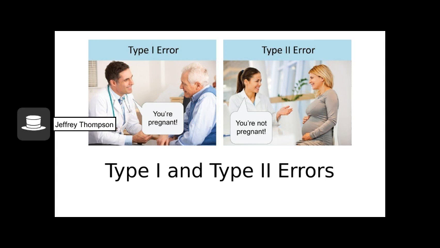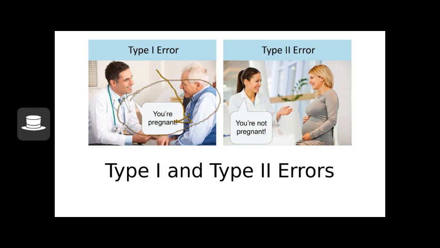So here's just a fun little illustration about type 1 and type 2 errors, right? I always hate when there's a clear, easy-to-understand visual cue, but then a professor will go on to explain the joke. So I'm going to do that. If you'll notice right here, the man in the picture is not pregnant, right?